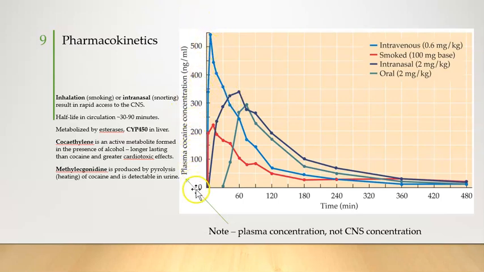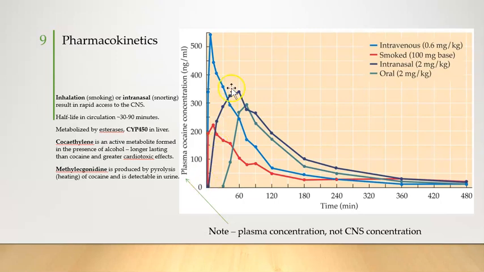But the most popular, quickest ways to get cocaine into the system is by either smoking it, so that's the red line here. You can see how it shoots up very quickly, or snorting, or intranasal. And that's this dark blue line. Okay, so smoking and snorting are the two most popular, quickest ways to get cocaine into the system.